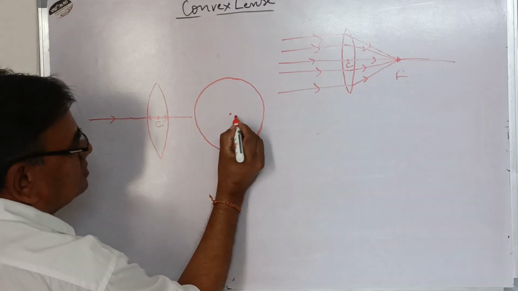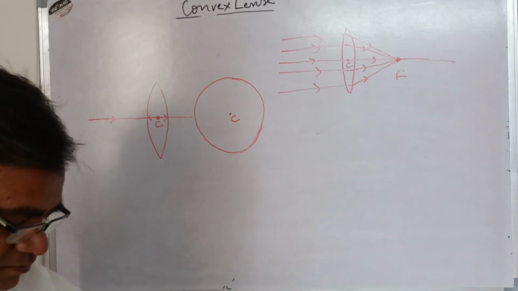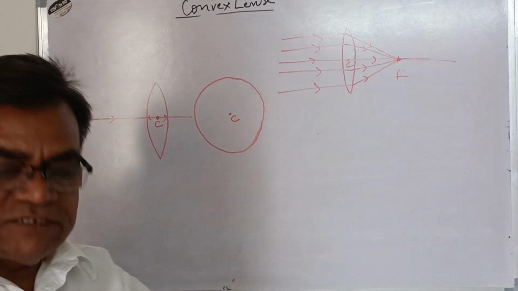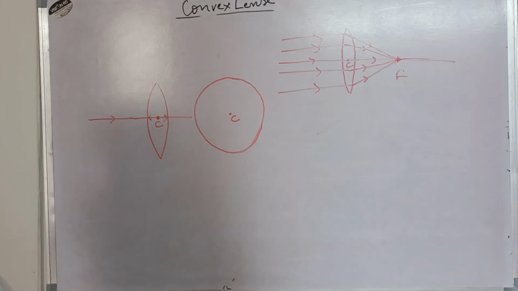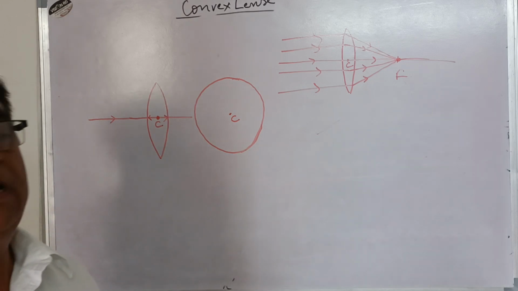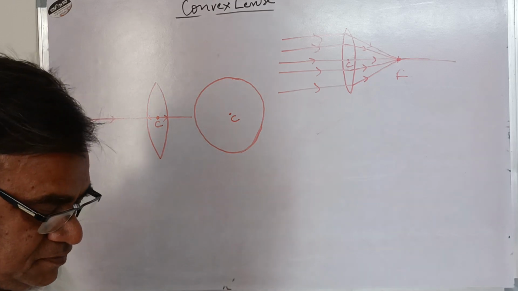So this point C is the optical center. So the rays passing through the optical center will not be deviated. They will remain undeviated after refraction. Okay.